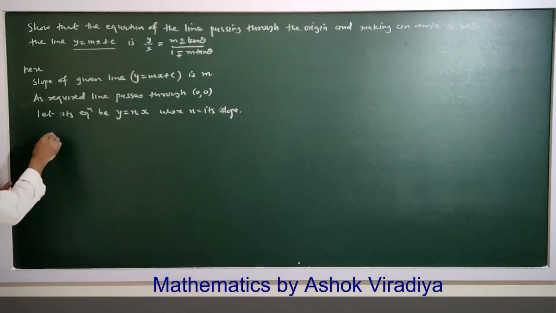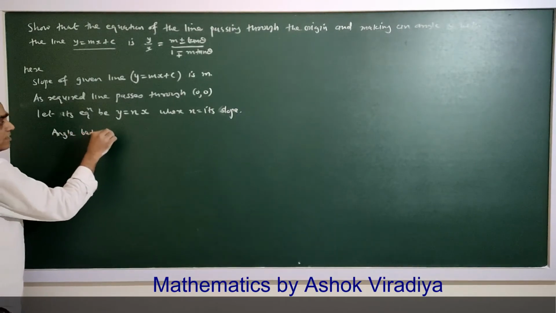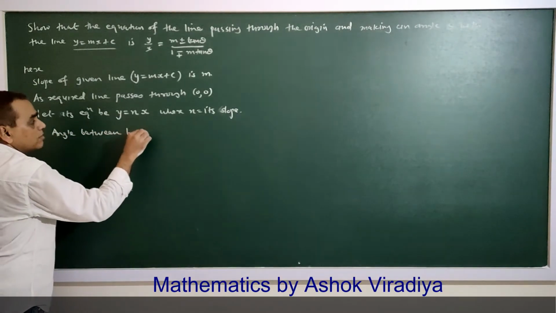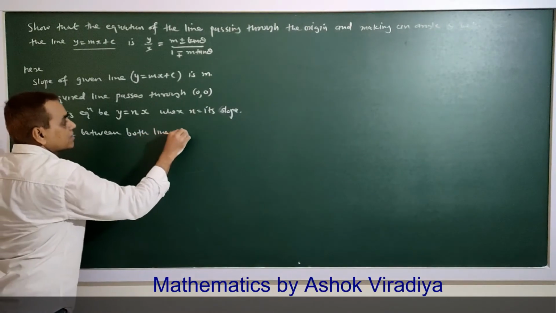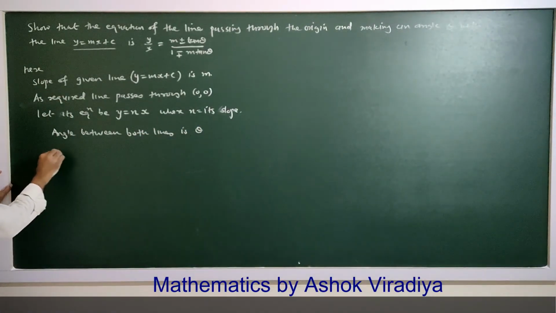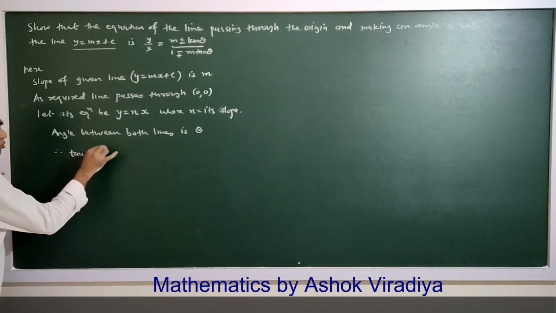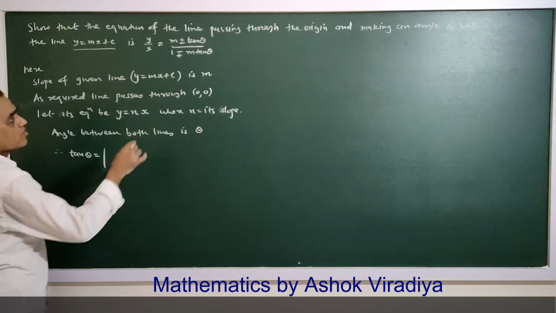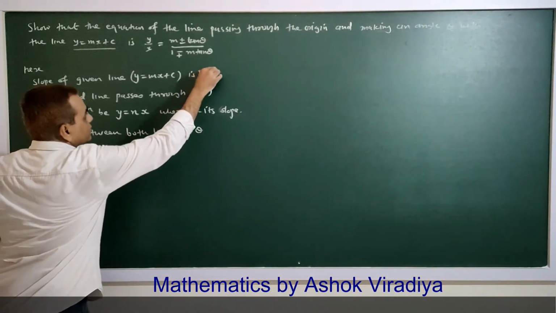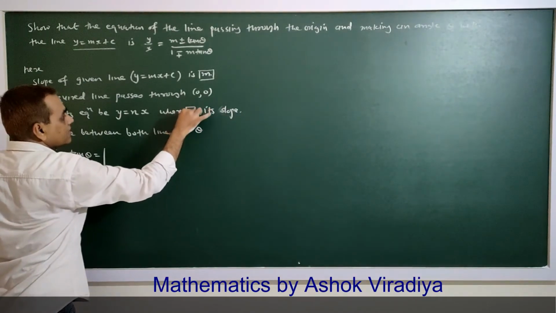Now angle between both lines is theta. Therefore tan theta is equal to, say here slope is m, here slope is n.